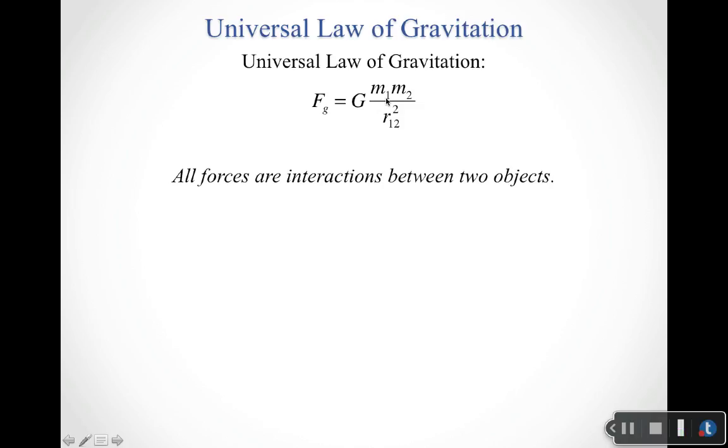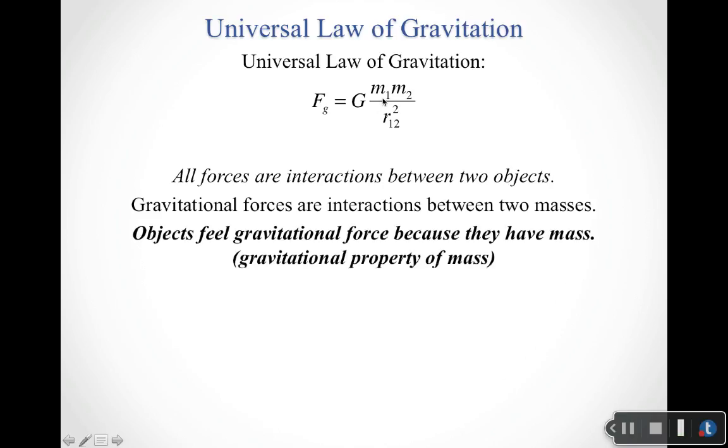We know that all forces are interactions between two objects, and the nice thing about this way of thinking about the gravitational force is it makes explicit that the gravitational force is an interaction between two objects, and in particular two masses. So gravitational force cares about mass.